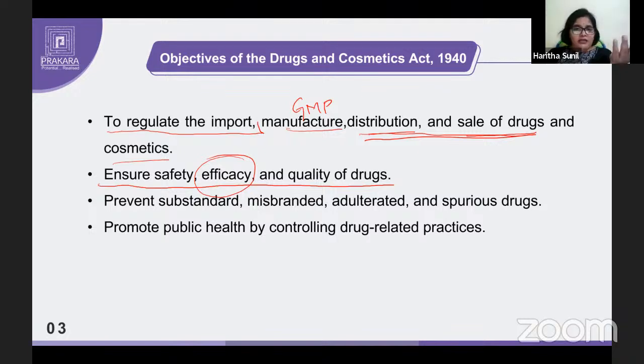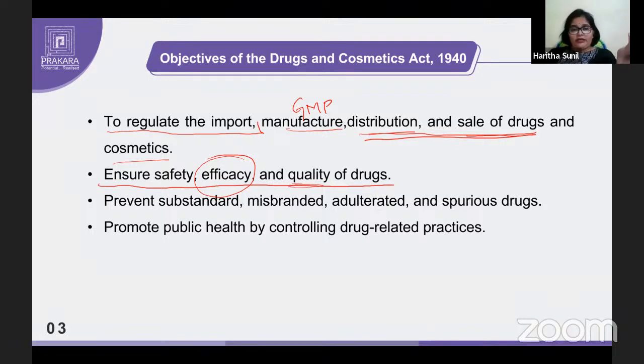If I have given an anti-diabetic drug, it should have the capacity to lower blood sugar levels. If I have given anti-hypertensive drugs, it should be capable of reducing blood pressure. The drugs must perform as they are intended to, and clinical trials and preclinical studies are conducted to validate their effectiveness.